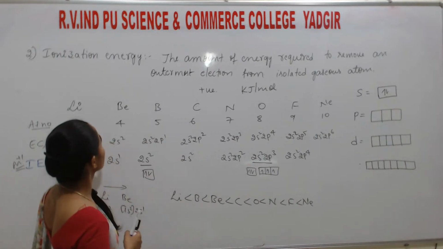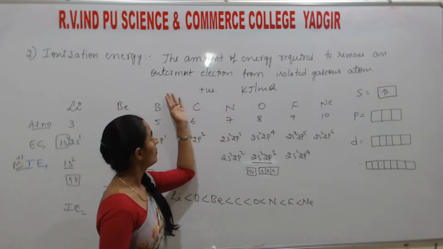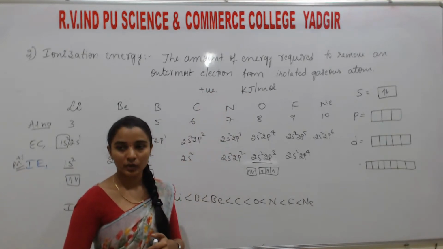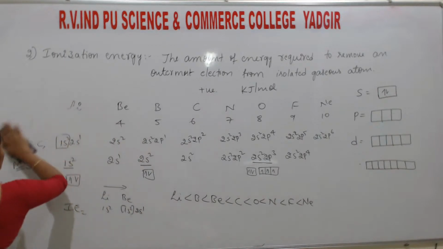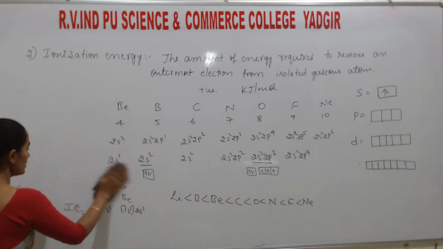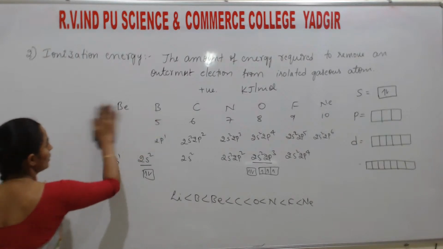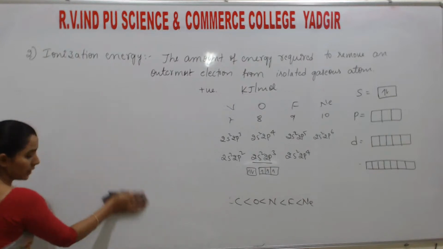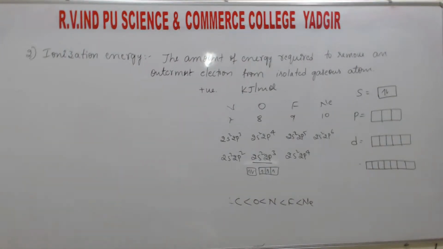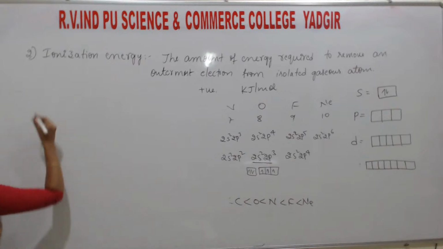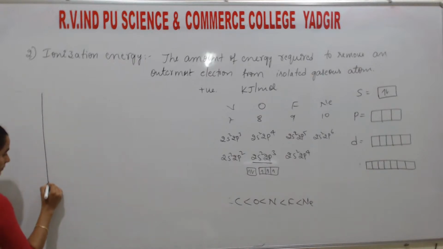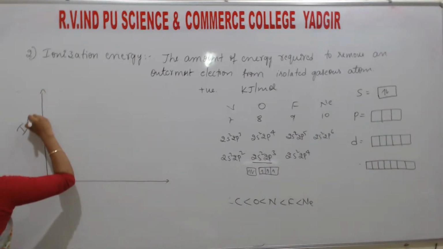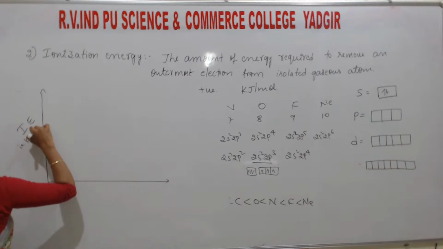What is ionization energy? It means the amount of energy required to remove the outermost electron from an isolated gaseous atom. Okay, so if I draw the graph, students, ionization energy versus atomic number of second period elements. This is ionization energy in kilojoules per mole.